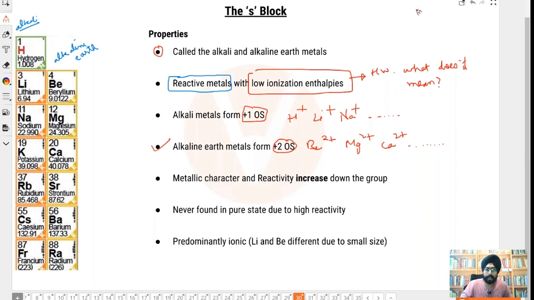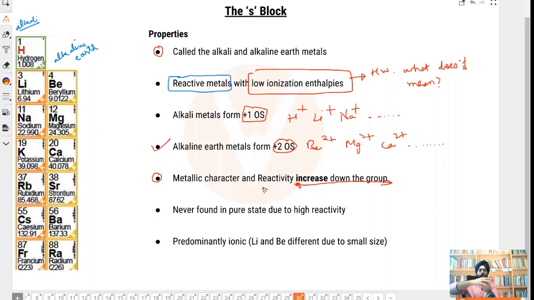And then the metallic character and reactivity increase down the group. In any group in the periodic table, the metallic character will increase down the group. What is metallic character? Ability to lose the electron.